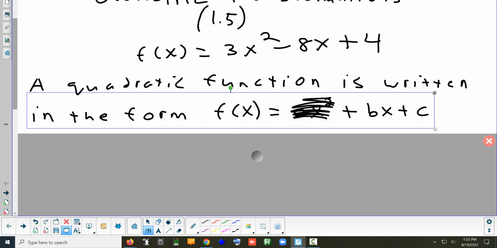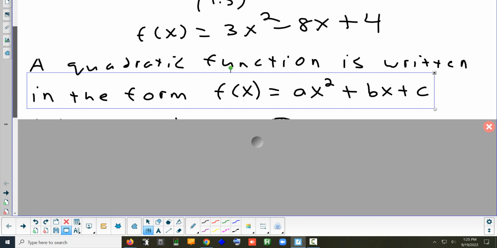If you filled in a 0 for A, you would basically wipe that whole term out, and you'd be left with bx plus c. And that's basically the equation of a what? Linear. Yeah, that's linear. That's a line. That's not a quadratic. That's like y equals mx plus b. It's just different letters. All right, so A, B, and C can be any letter you want, or number, positives, negatives, decimals, but A can't be 0.